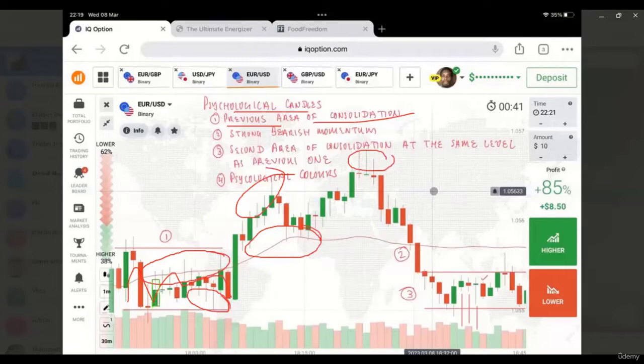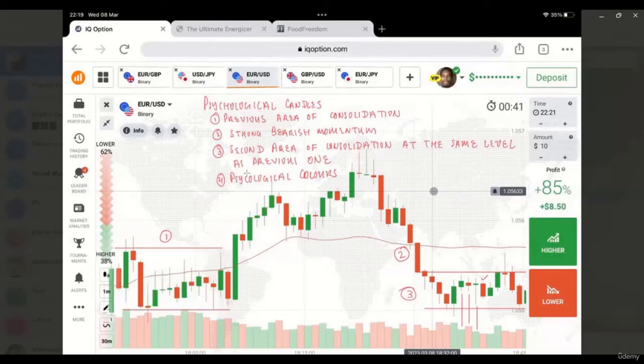In this type of market condition, it's very hard to get a perfect entry point. If you want to place your trade here in the upper direction, but the candle closed below your entry point, that time you must lose. That's the problem. So you have to follow this type of situation.